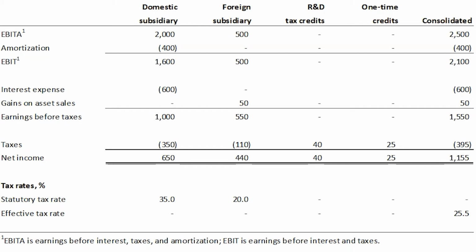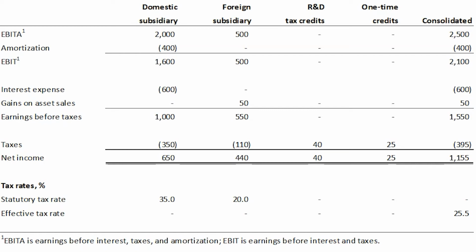Right? So we can see the taxes that are actually paid here. If we look at the first two columns, 350 million plus 110 million, and then we reduce those taxes by the value of the tax credits, 40 plus 25 million. And for our reported taxes, that's what's over there in that far right consolidated column of 395 million. So these are what we call reported taxes.